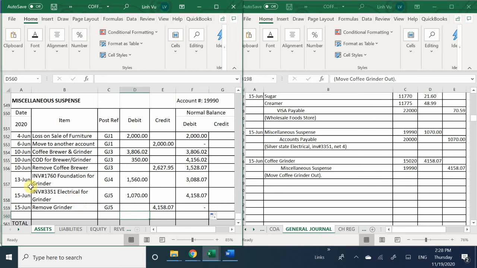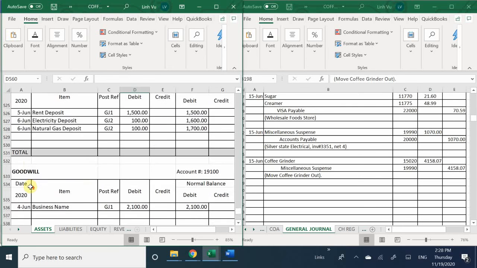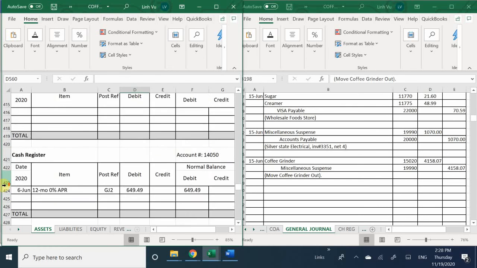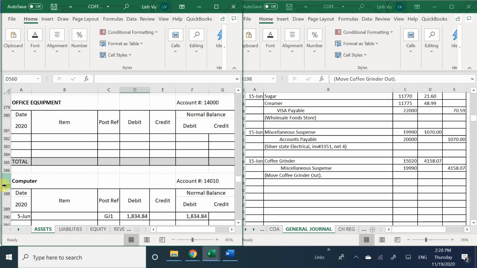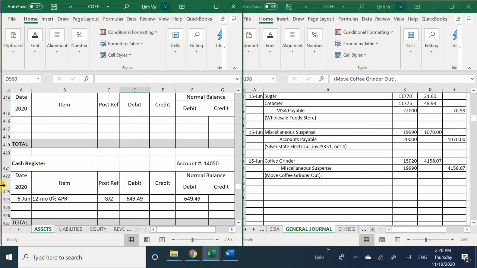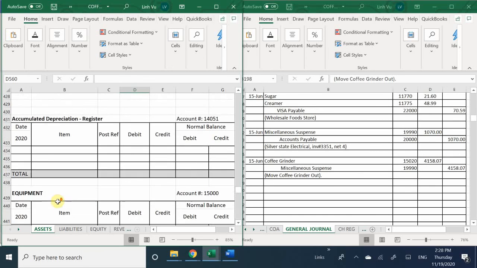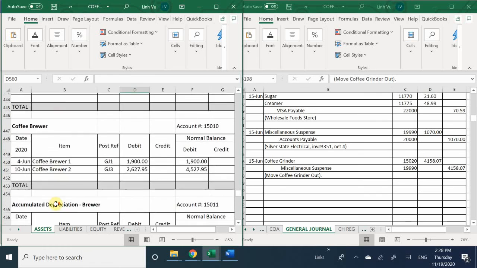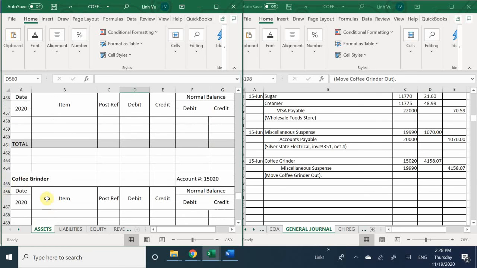Then though, do we have to put it in under the grinder anywhere? It's the coffee grinder, which is the 15020, and in today's date.